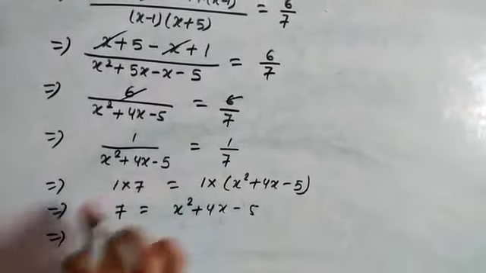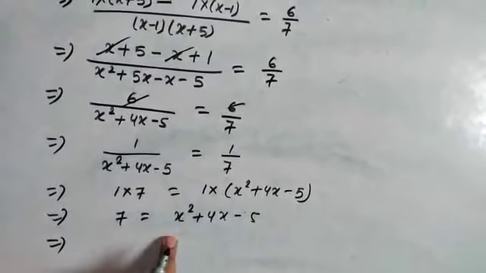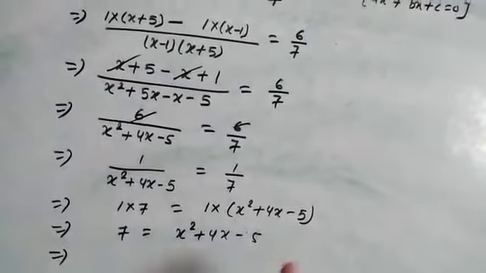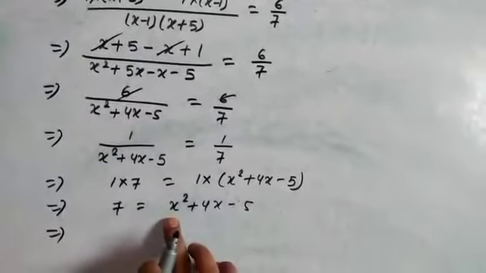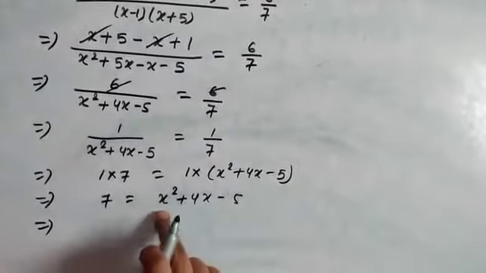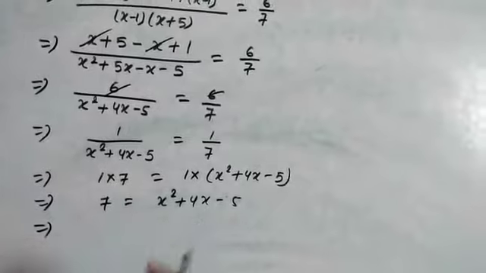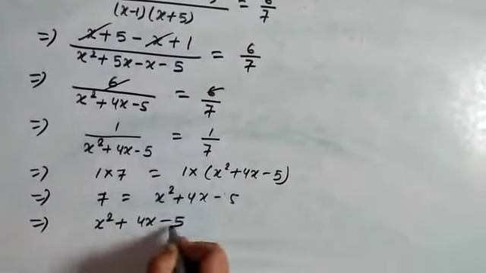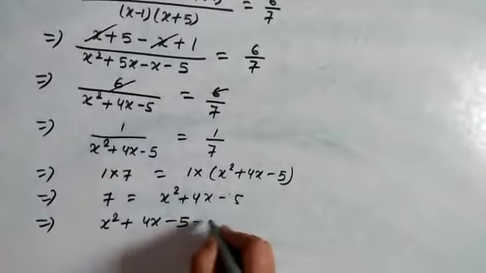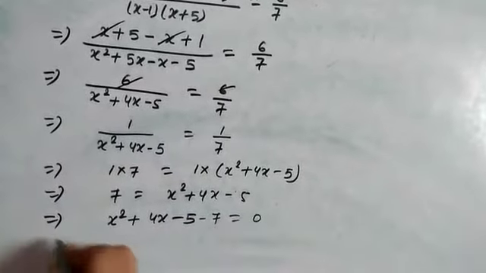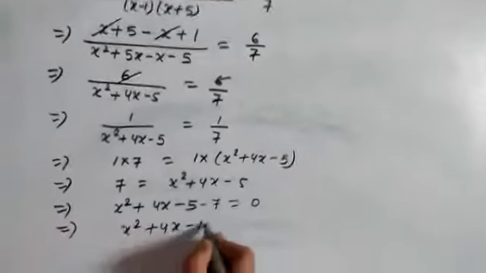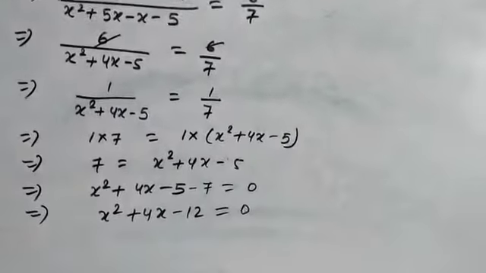When we take it to this side, it will convert into negative. So it is better that we send 7 to that side. There is no problem if it is negative, but for our comfort level, we will always keep it positive. So x square plus 4x minus 5, when 7 comes to this side, minus 7 equals to 0. So x square plus 4x minus 12 equals to 0.